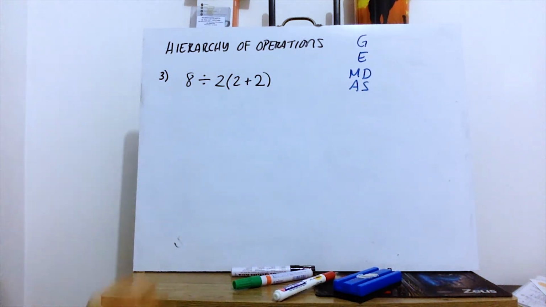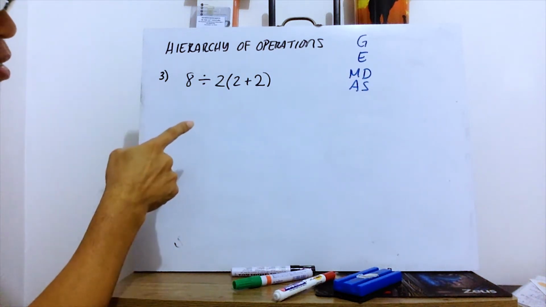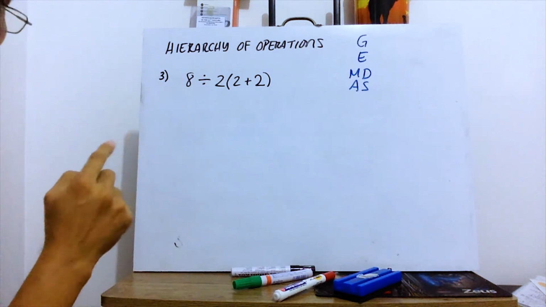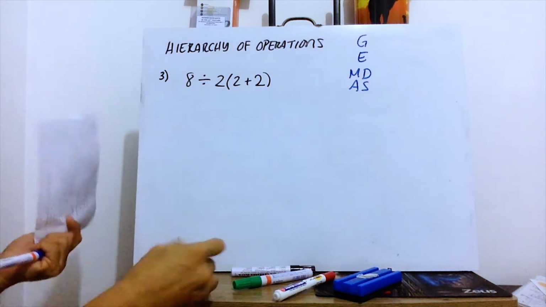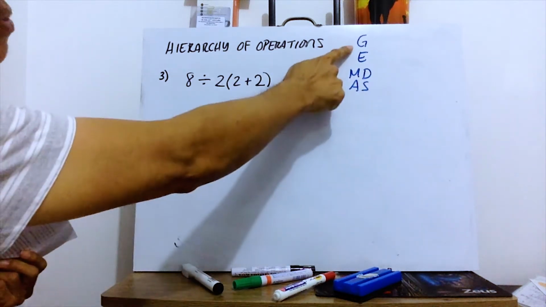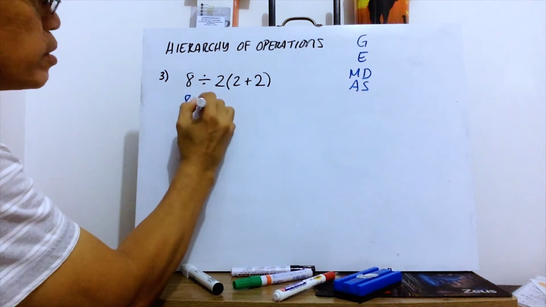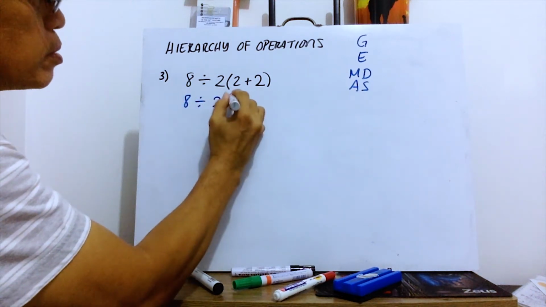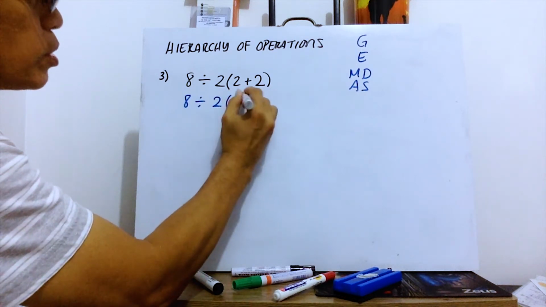I have a problem like this that's been posted so many times on Facebook. So let's solve it. Parenthesis, that's first. Let's solve the inside first. 2 plus 2, that's 4.